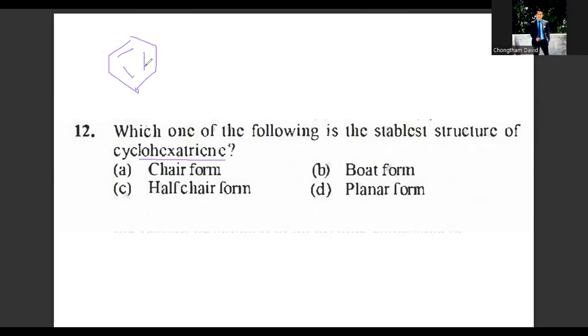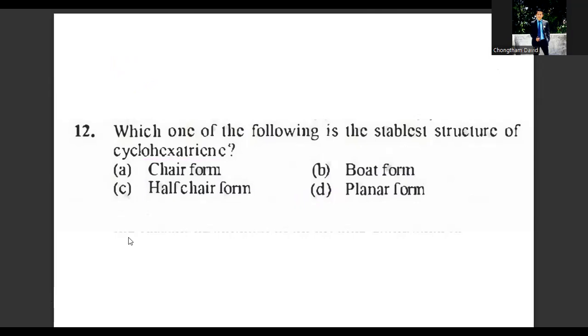So since all the 6 carbon atoms of cyclohexatriene, benzene, are sp2 hybridized, therefore it is the most stable structure in the planar form. Okay, not the boat form, not the half chair form, not the chair form. Configuration is stable in case of planar form because all the carbons are sp2 hybridized.